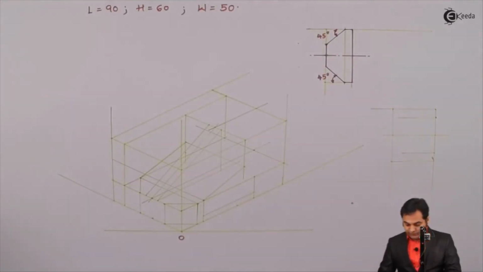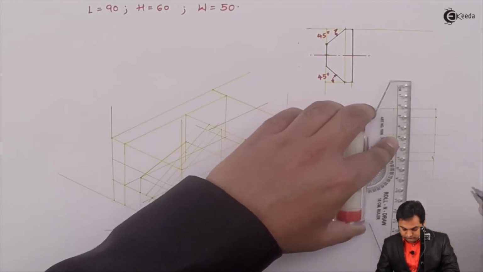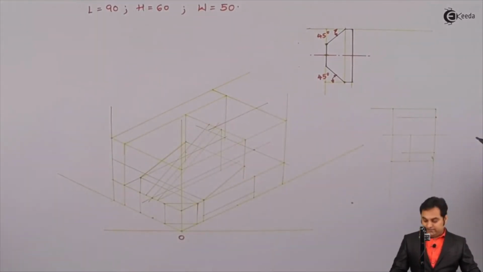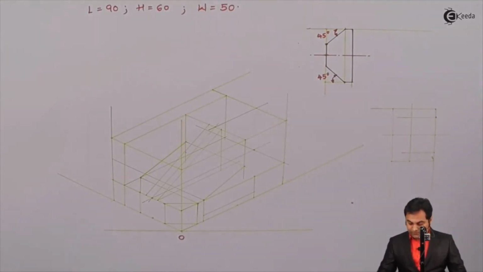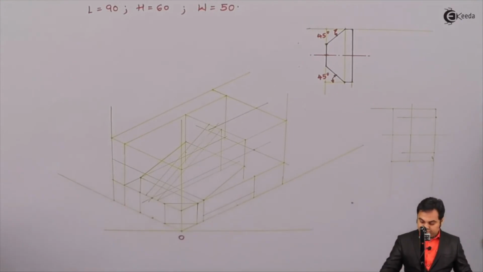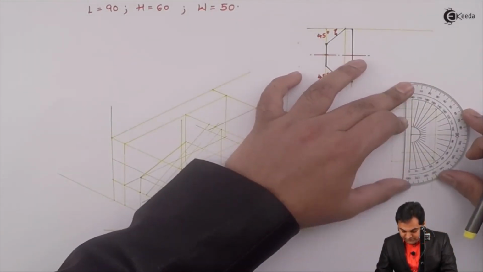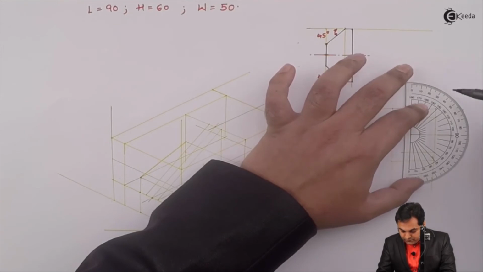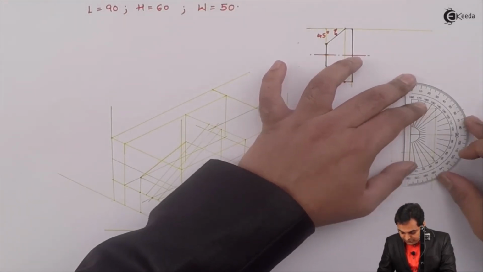So taking length of 20 mm, and then I want a total angle at the center as 120-degree. For that, keeping this point as the center, measuring 60 on one side, 60 on the other side. So it is 30 from here and 30 from this side.